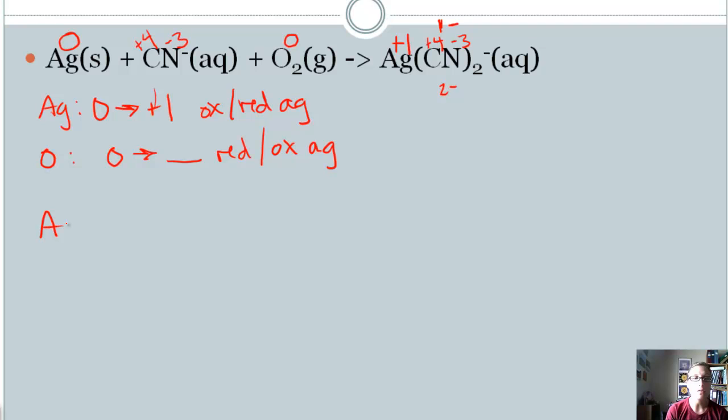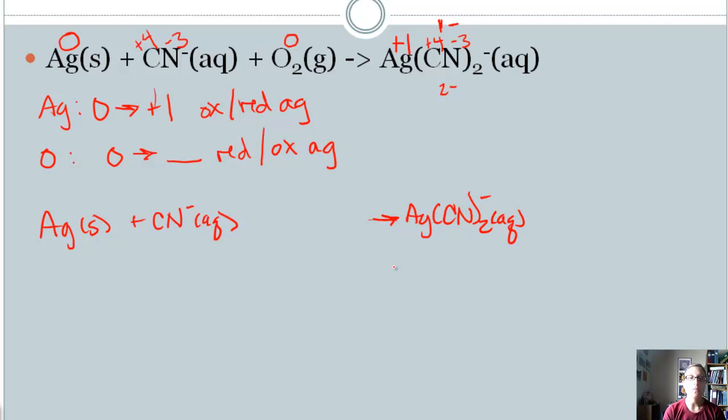So let's look at our silver reaction first. I need to include the cyanide ion because it's bonded with the silver on the product side. I'm going to leave some room to add some other things. Let's take care of this one first. We want to balance everything except oxygen and hydrogen first. Silver looks okay.